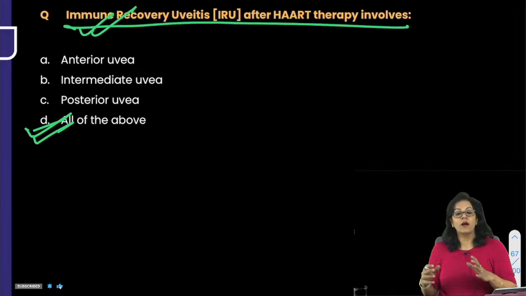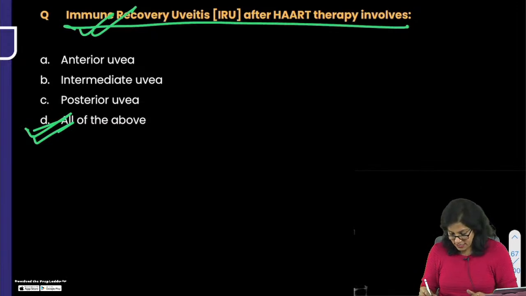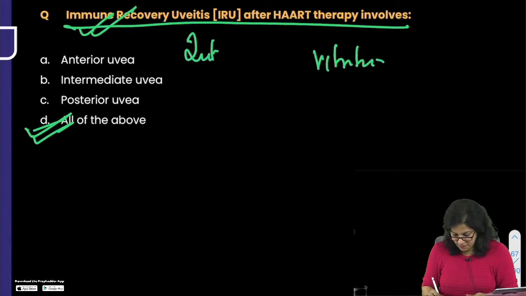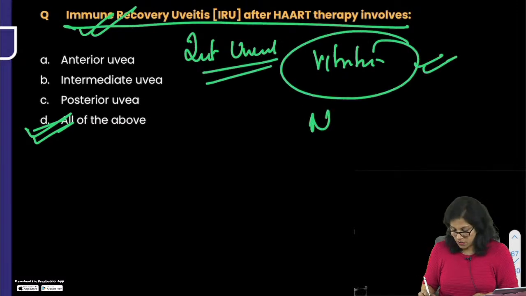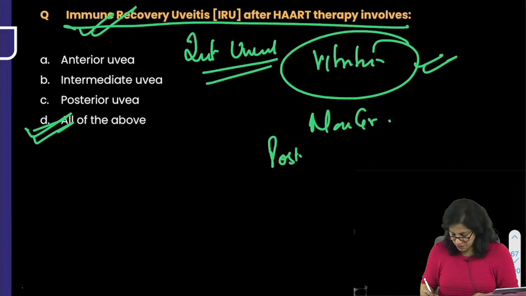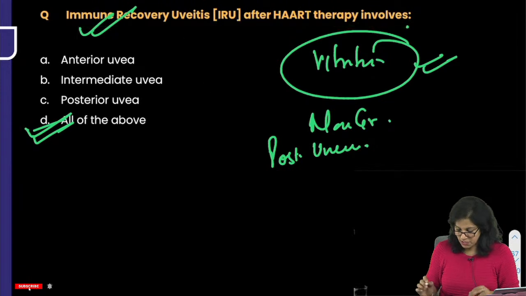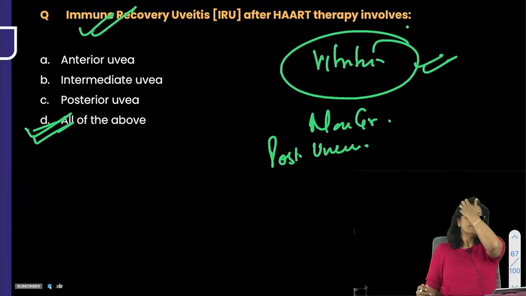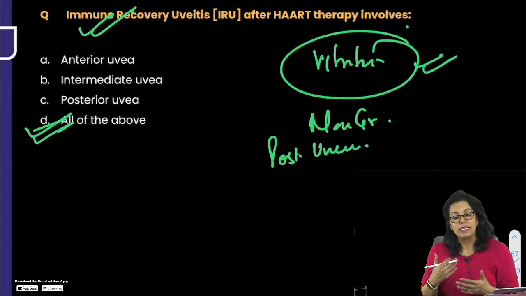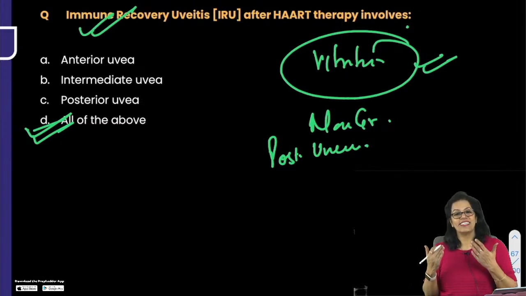But primarily how does a patient of IRU present is mainly vitritis, and vitritis generally becomes the first presentation. Okay, it's a non-granulomatous posterior uveitis by which the patient presents, not intermediate, sorry, you will learn posterior. Non-granulomatous posterior uveitis may be the first presentation, but it can involve all three parts of the uvea.